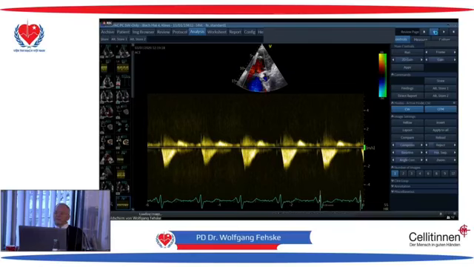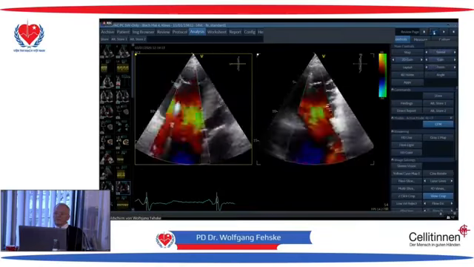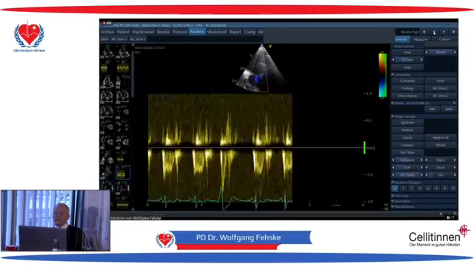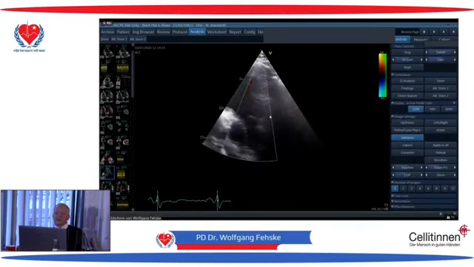And before we have seen in the pulmonary artery that there is also very little forward flow. The right ventricle has a good pumping function, but everything that enters the right ventricle goes out through tricuspid regurgitation.